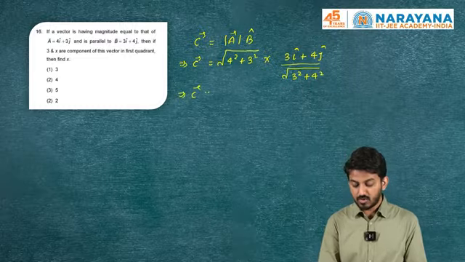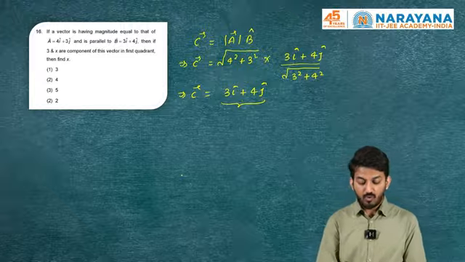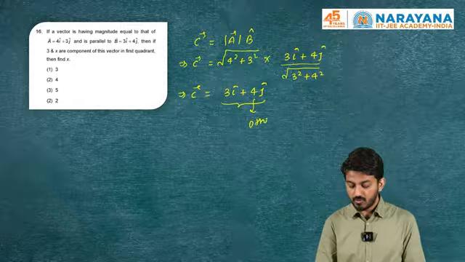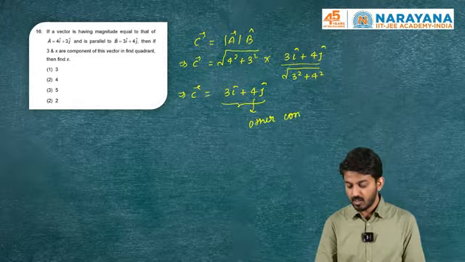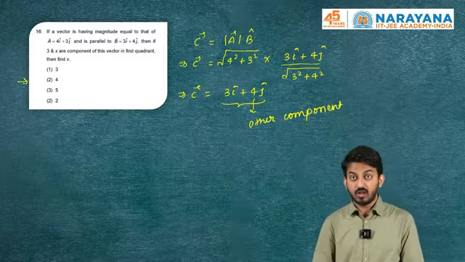The c vector comes out to be 3 i cap plus 4 j cap only, which is b vector itself. One component is given as 3, the other component here is 4. Thus, 2 being our answer.